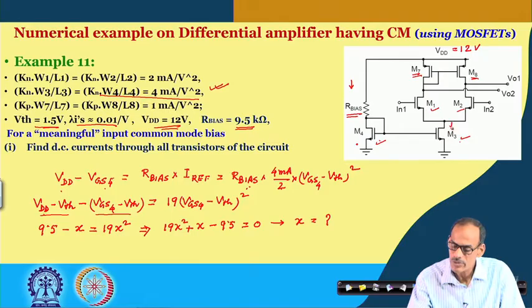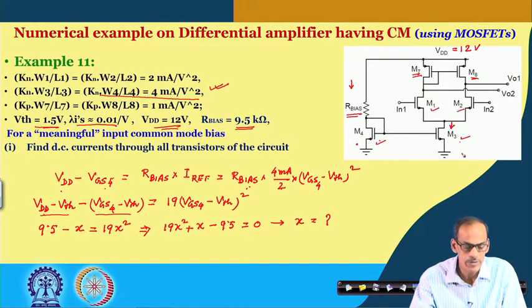So, obviously, you can find what the current flowing here will be, and then half of the current flows here. So, here also the corresponding current will be half of that. That is how we can proceed.